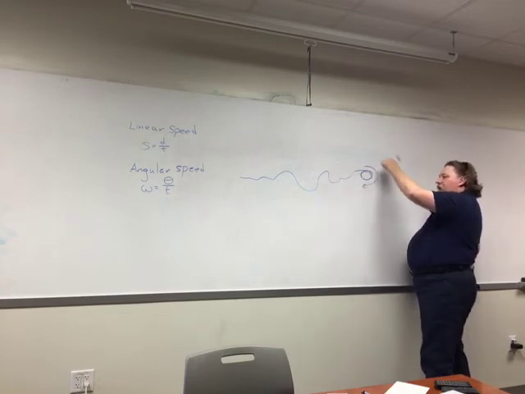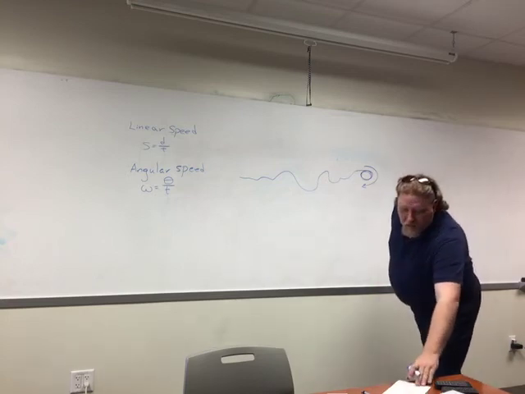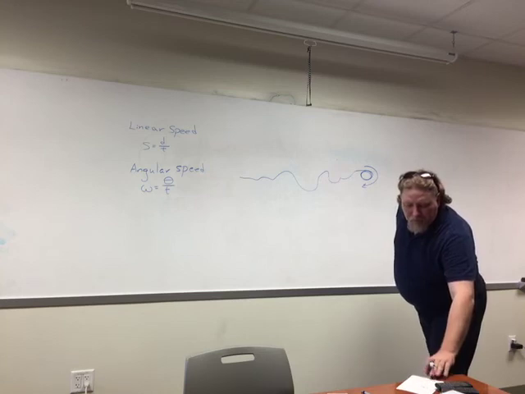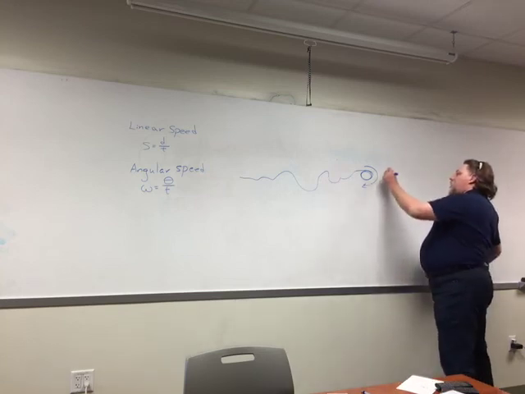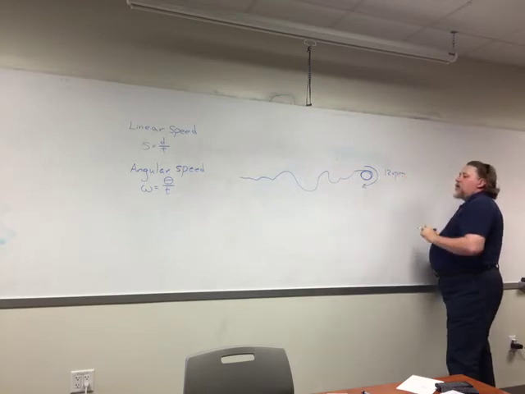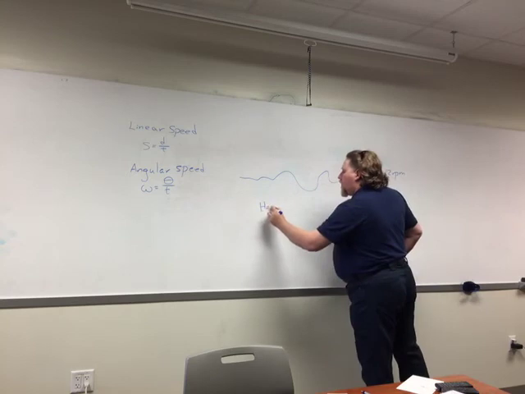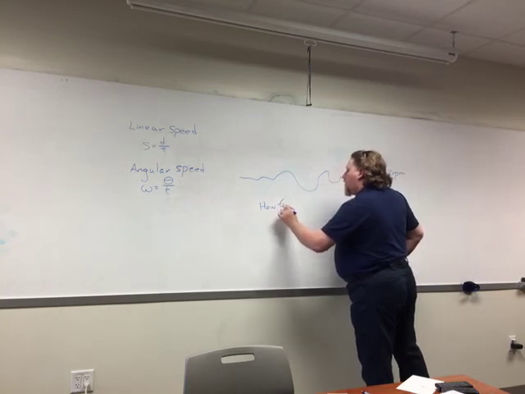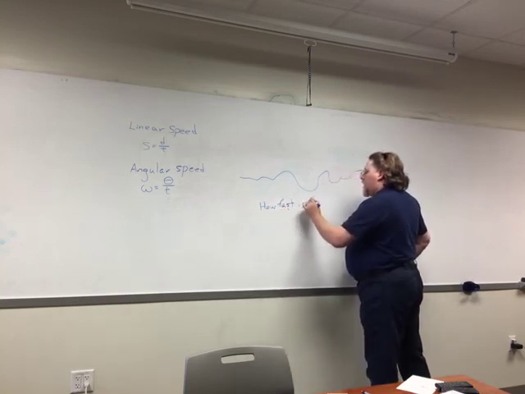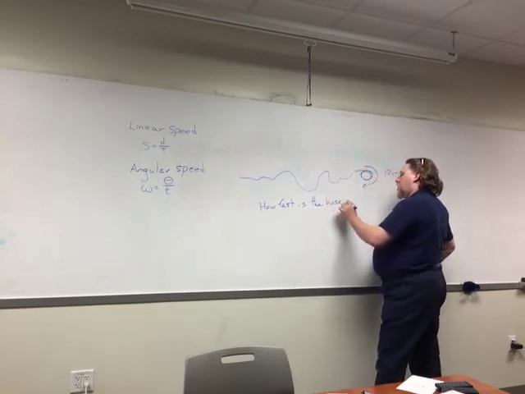You got a hold of the handle and you're turning the handle at a rate of 12 revolutions per minute. And what I want to know is how fast is the hose being reeled.